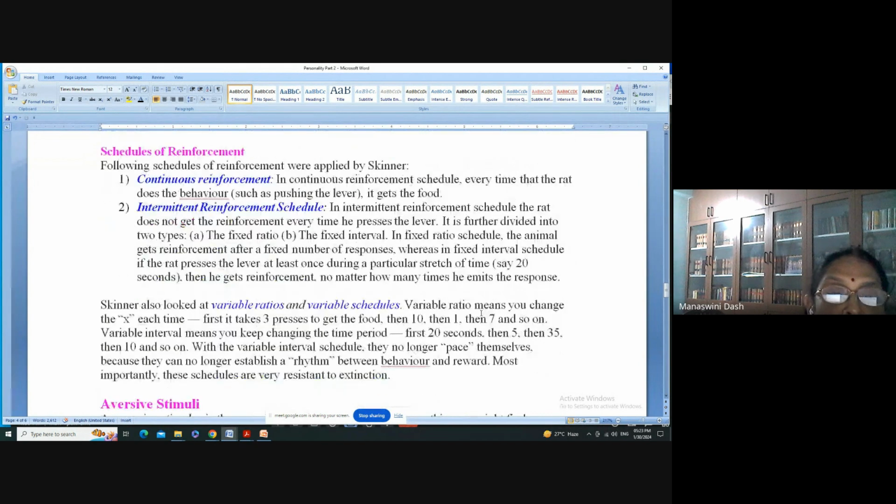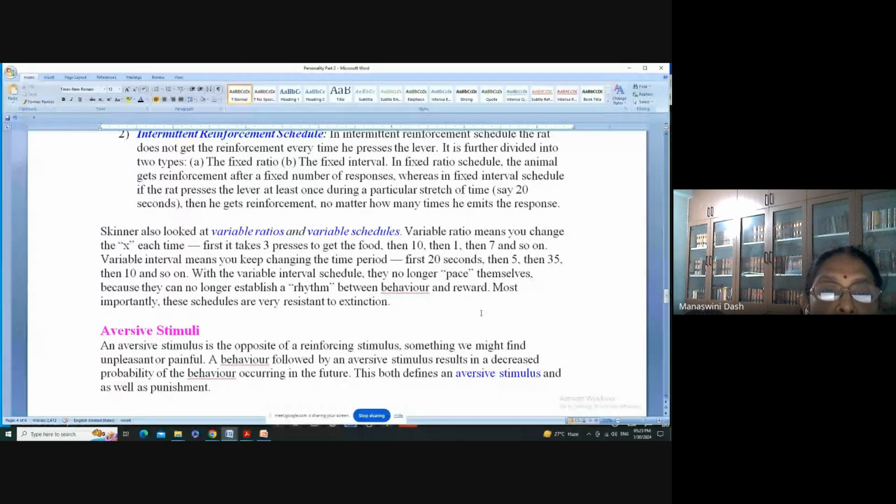Skinner also looked at variable ratios and variable intervals.